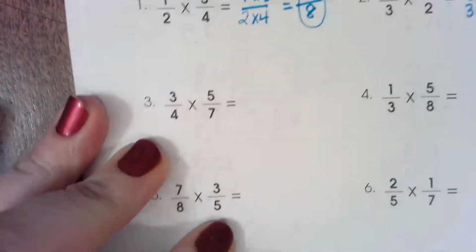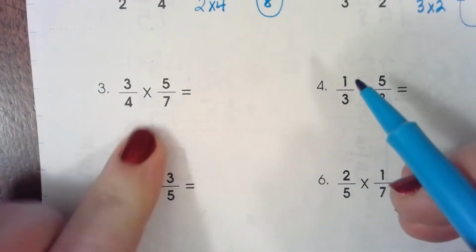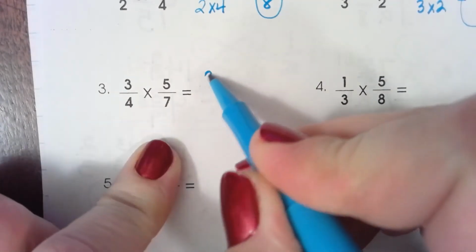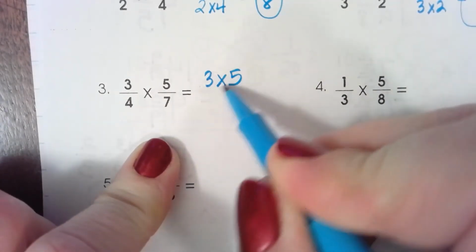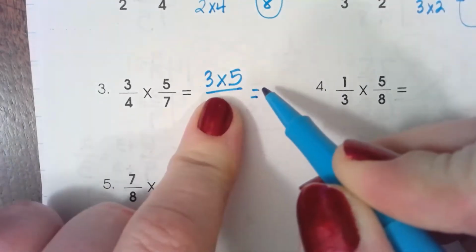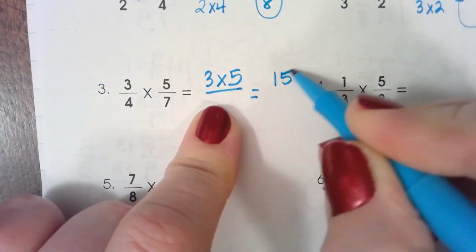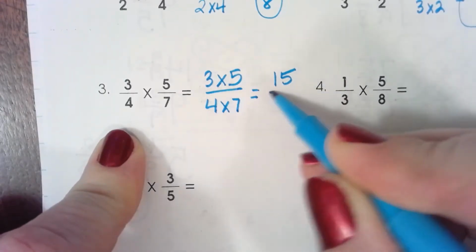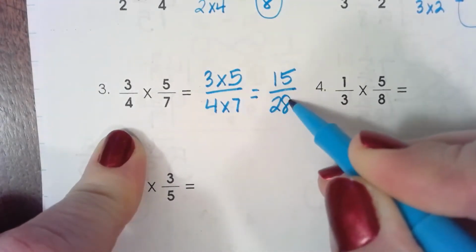Let's do the next one, 3/4 times 5/7. So multiply our numerators, 3 times 5. 3 times 5 is 15. And then 4 times 7. 4 times 7 is 28.